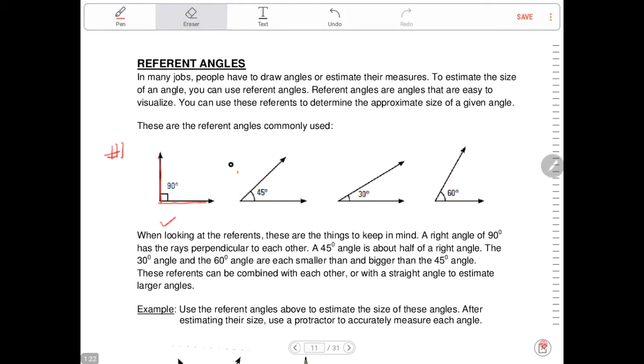Finally, I kind of clump 30 and 60 here together. It's key to point out, if you took 90 and divided it by 3, so if I took this 90-degree angle and divided it by 3, that would give me 30. So what I mean by that is, if I took this 90-degree angle and cut it into 3 equal sections, each section would be 30 degrees.